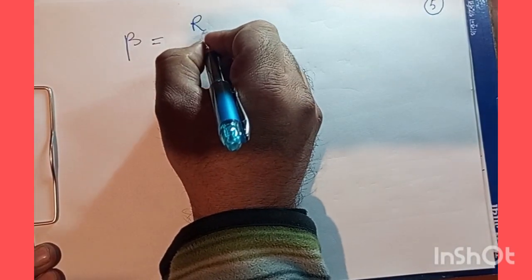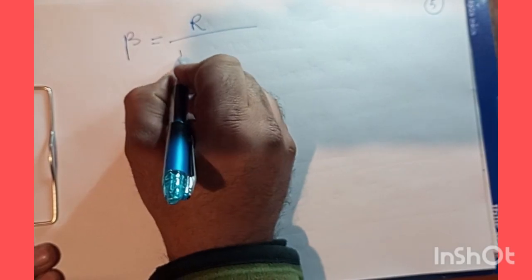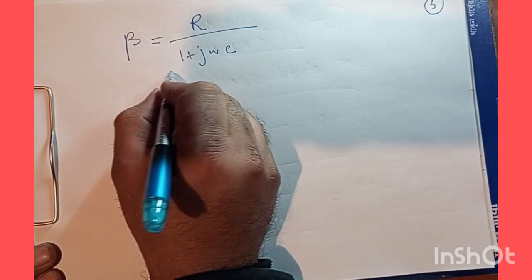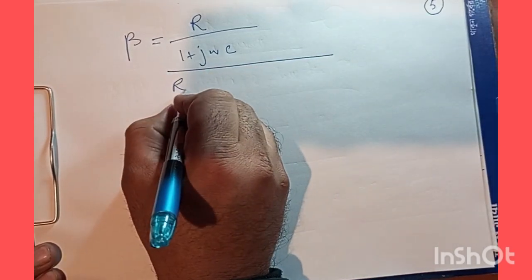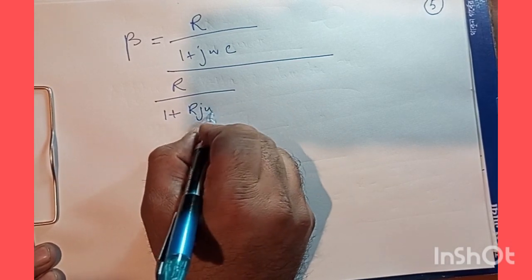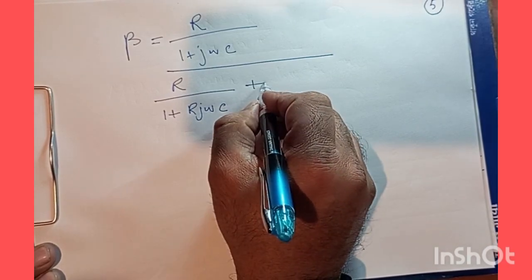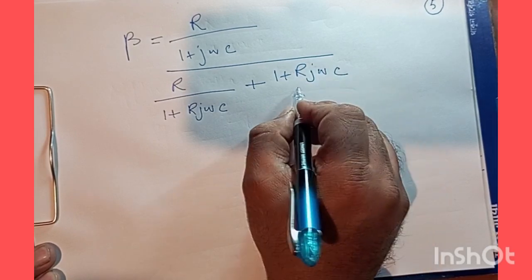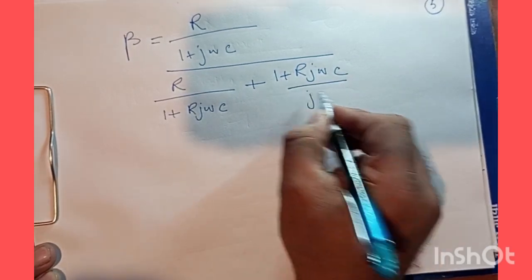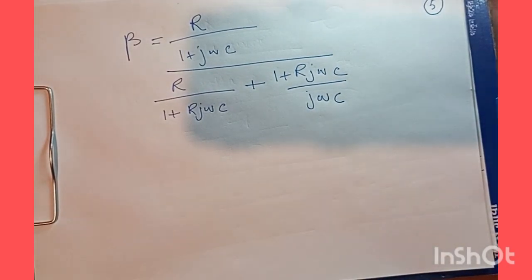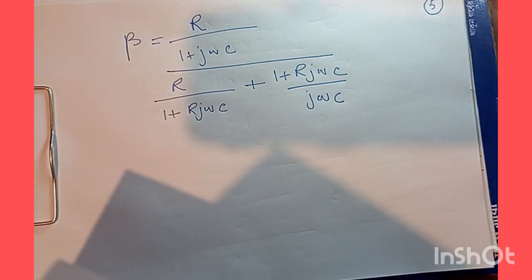So beta will be, using that, R divided by 1 plus j omega C. This whole thing is divided by R by 1 plus R j omega C plus 1 plus R j omega C divided by j omega C. So this is the case here, right?